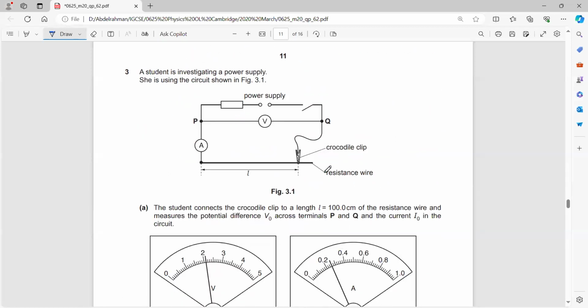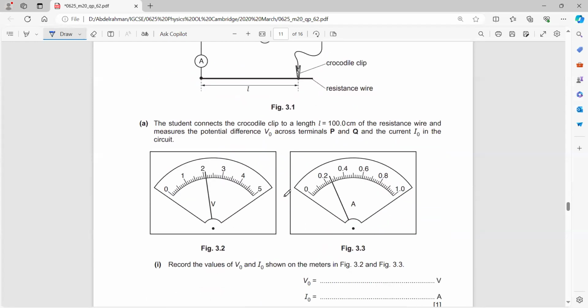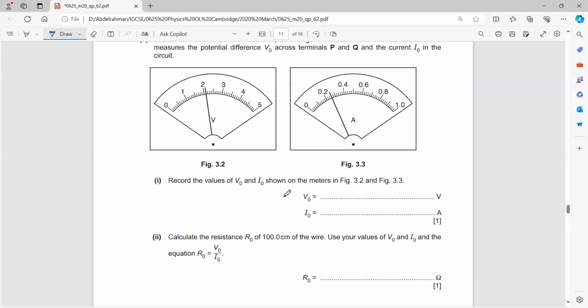We have a circuit, voltmeter and ammeter. Take the reading of the voltmeter and the ammeter, and then measure the resistance as usual. Voltage is 2.1, and the current is, what's the reading of the current? 0.26.